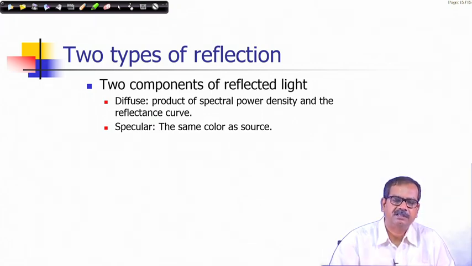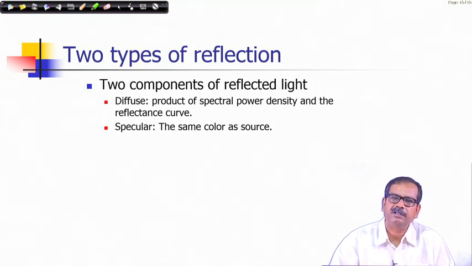One component is the diffuse component, which is the product of the spectral power density and the reflectance curve, as we have discussed, and the other is the specular component, which is just like a reflection by a shining surface. So, you get almost the same color as the illuminant. Those surface points are acting like a mirror.